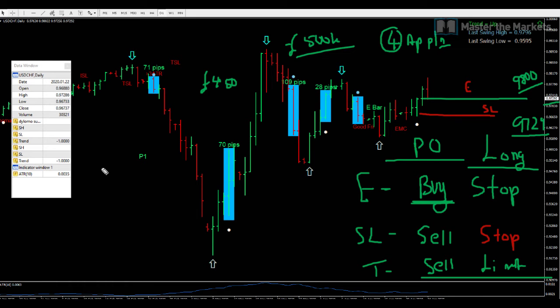Then the final thing is that in terms of a long order, you can also put a buy limit as well. So I'll show you the second version of a long order. Entry can also be lower than the market price if your strategy says that. So it can be buy limit.